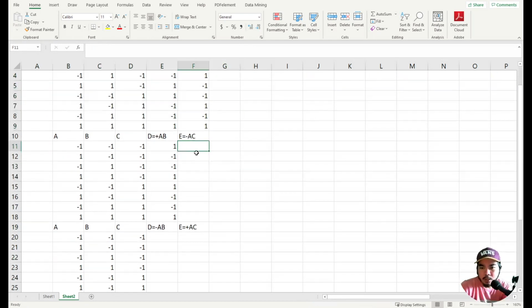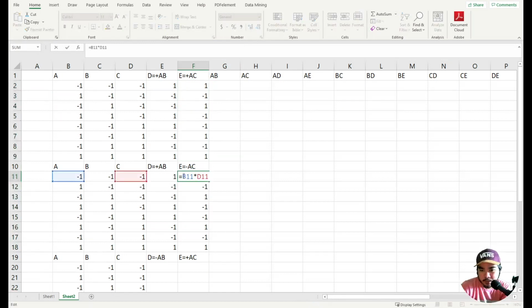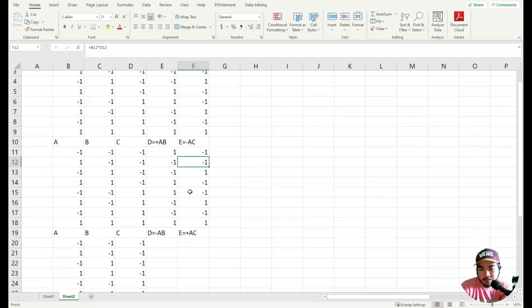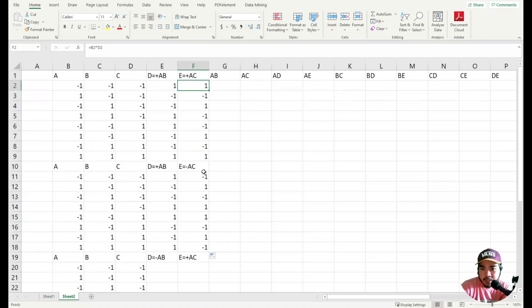Okay, so we do ito, this is positive AC. So, kinopya ko lang to, no? Tama. So, ito naman, kopya natin to. Pero this time, lagyan lang natin ng negative dito. Tama? O, copy natin hanggang dito lang. Okay? So, naka-negative. Dapat negative lang siya nito. Which is, tama naman.